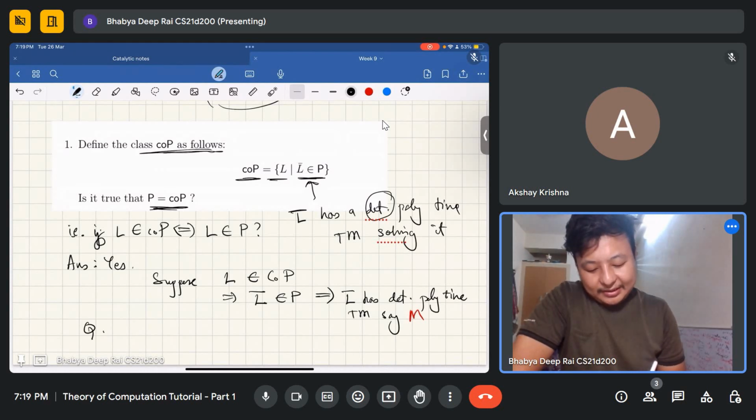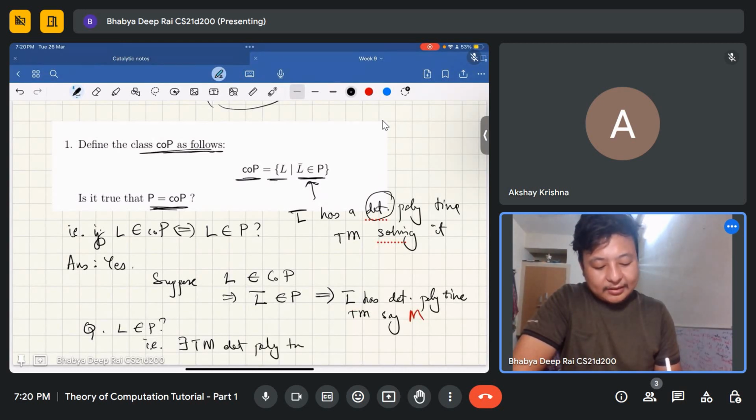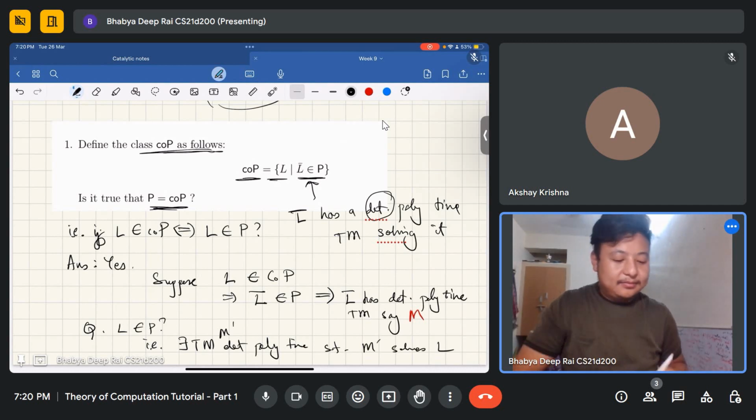The question asks, if L is in P, does there exist a deterministic polytime Turing machine, call it M prime, such that M prime solves L? That is the question.